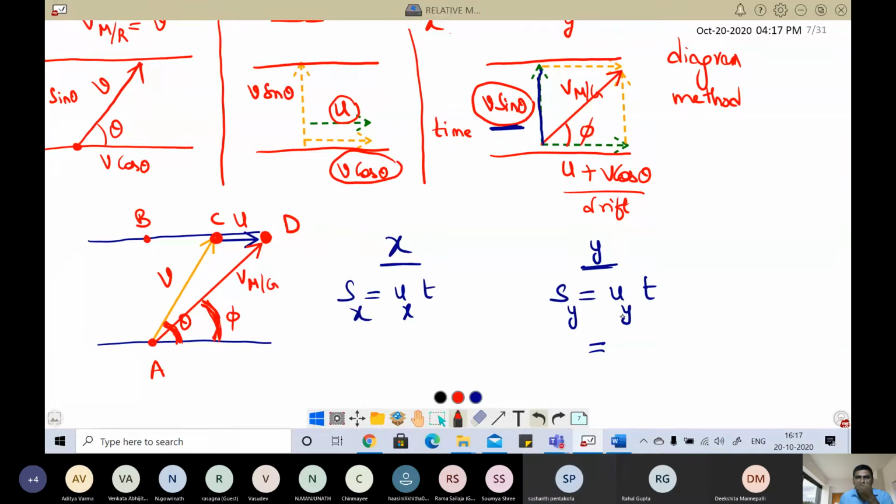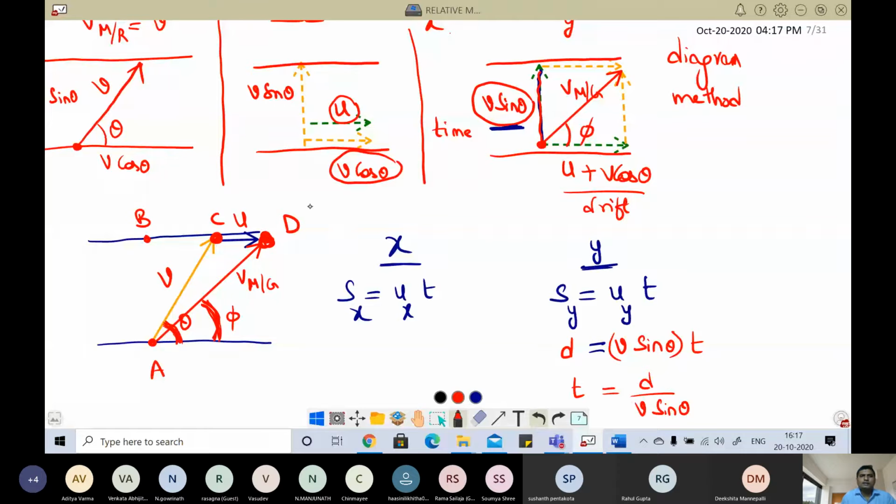So now in y direction we have to write this component, that is v sin theta into time. How much distance will the man travel in y direction? That is the width of the river. Let us say that is d. So from here t is equal to d by v sin theta. By the time he travels here, he will cover some distance x.